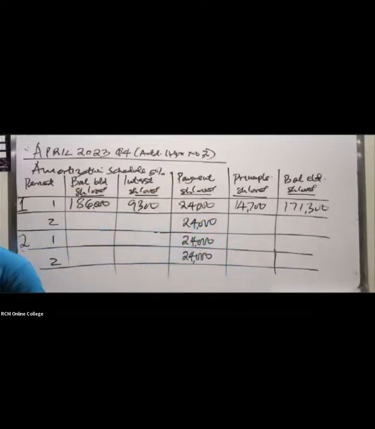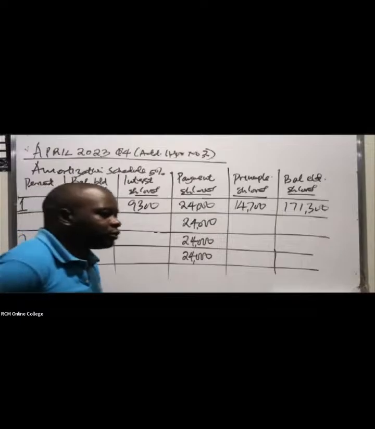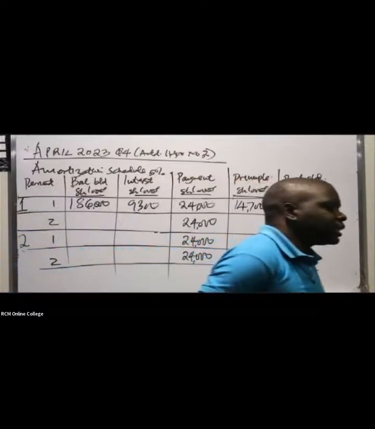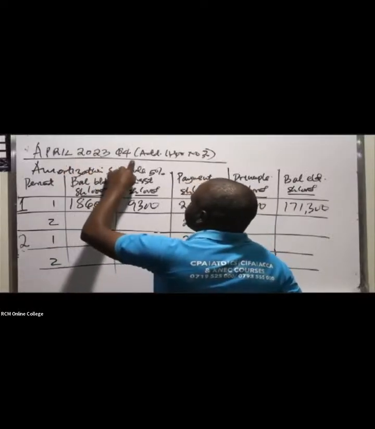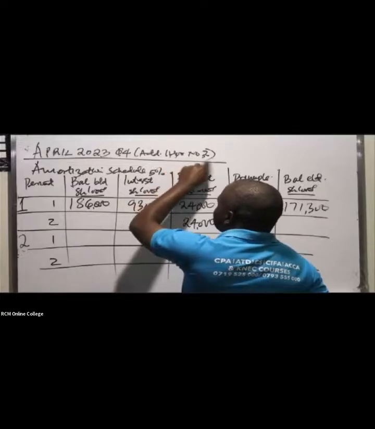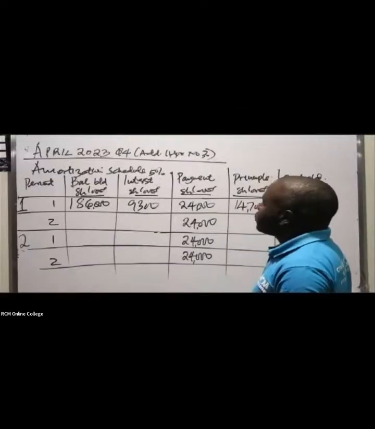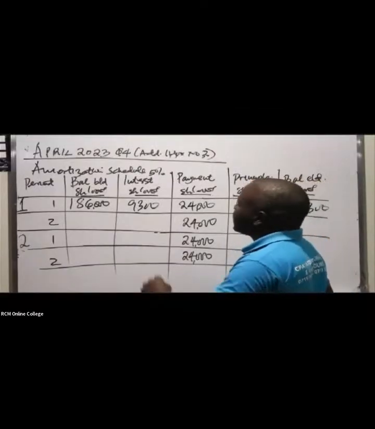Is that the way you've written that question before you started solving it? No. You need to write what we are writing on the board: 23 question number 4, additional information number 2. We are only concerning ourselves with additional information number 2.